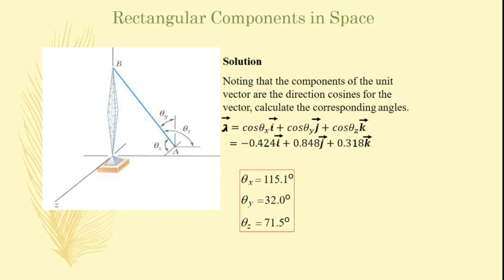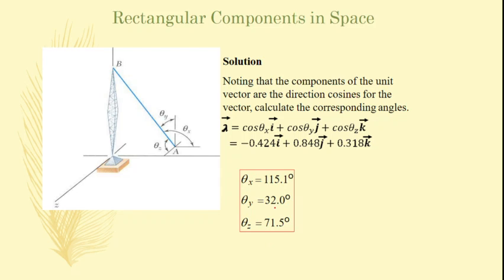Now if we take the cos inverse of minus 0.424, we get this angle theta x. If we want to get this theta y, we can just write the cos inverse of 0.848, and in this way we find out theta x, theta y, theta z.